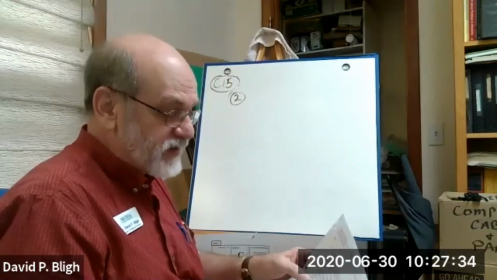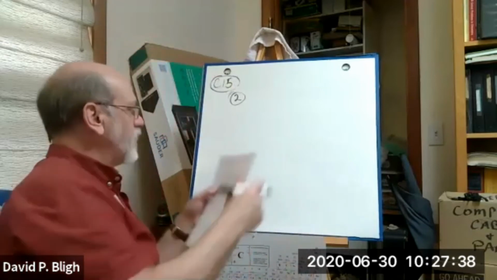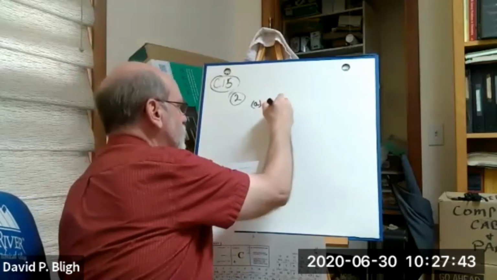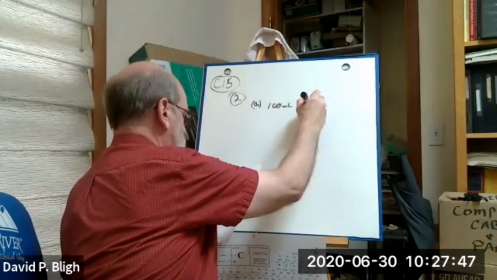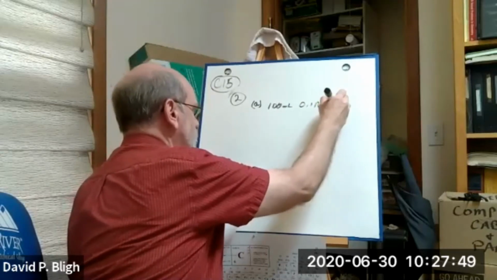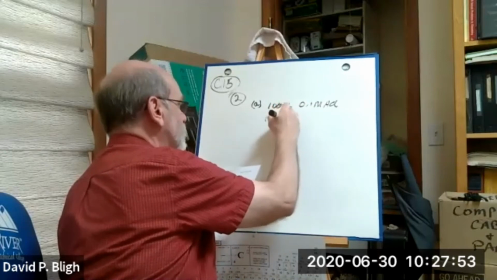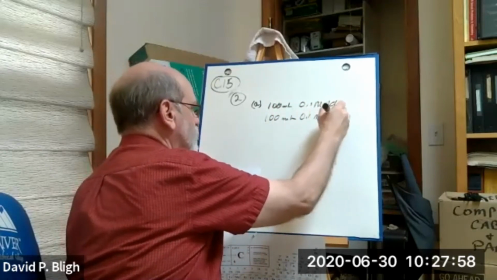So E says at least 2 of the above would be a buffer. So we got to look at all of them. So what if we mix 100 milliliters of 0.1 molar HCl and 100 milliliters of 0.1 molar sodium hydroxide?